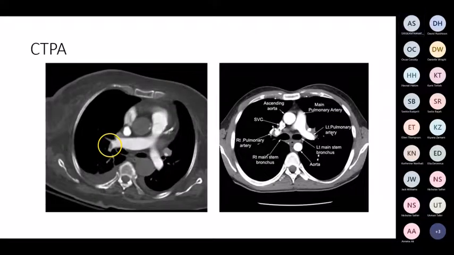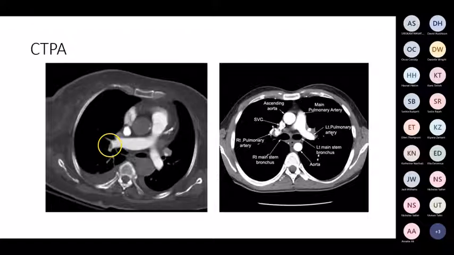And so in our lady's case, she had a high Wells score, so she would go on to have a CTPA. And I just thought it was good to include what it would actually look like. With CT scans, you need to imagine you are standing at the end of the bed at the patient's feet, looking upwards, because that's how the scans look.